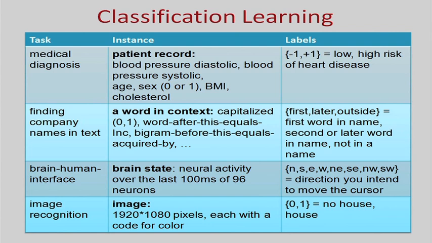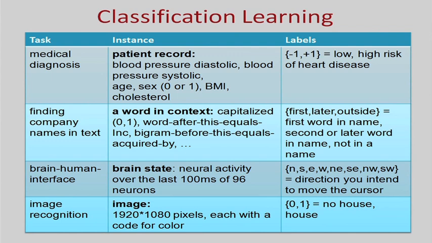Which words come before the word, which words come after the word, and maybe certain features of the word. For example, is the word capitalized? Is the word following this word INC? Does the bigram or two words previous to this word contain acquired by, and so on.